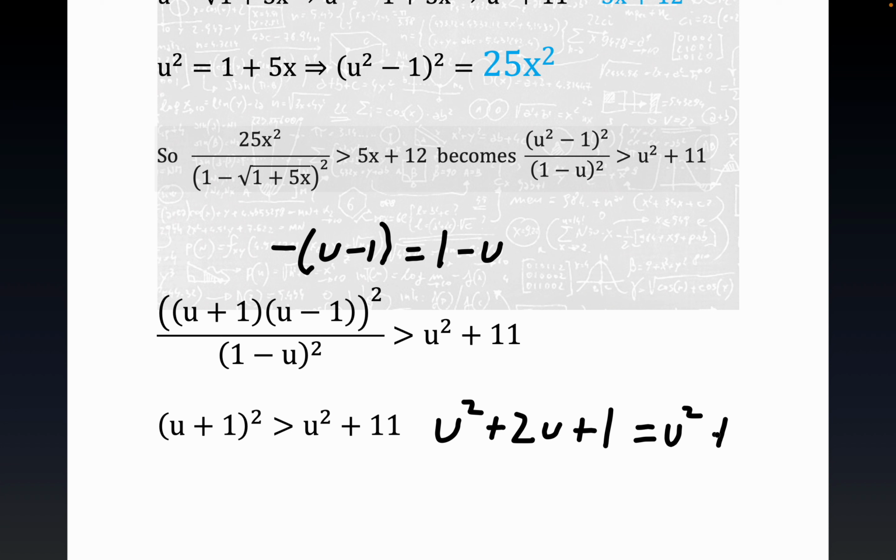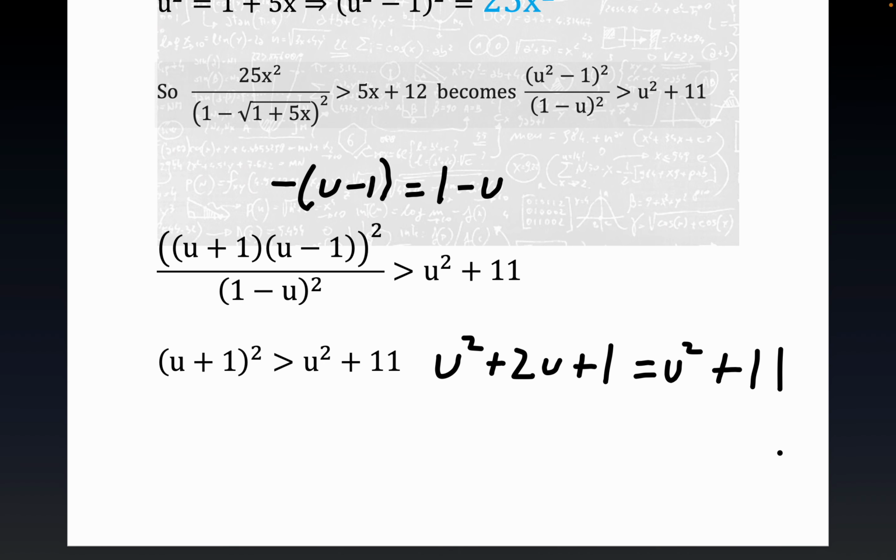Now the U squareds definitely cancel. If you subtract 1 from both sides and divide by 2, and y'all, that is supposed to be greater; I'm just like an automaton, I'm so used to working with equalities. When you cancel the U squareds and subtract 1, you get U is greater than 5.